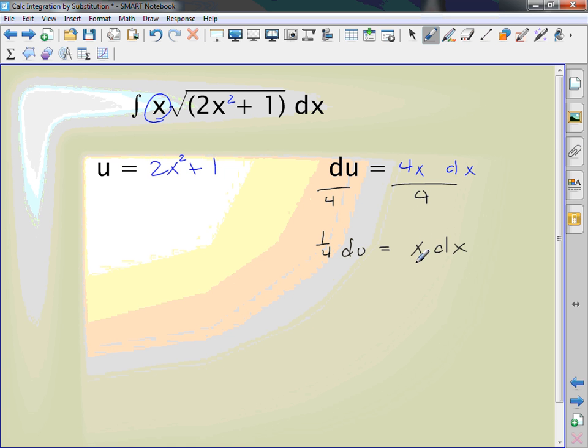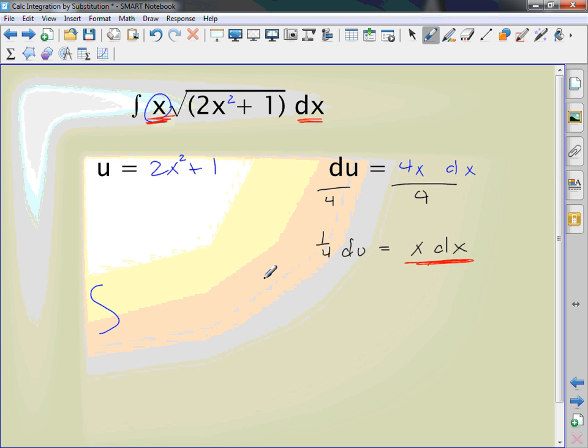This right here will get rid of these two, and that's what you have to do. If you can't get rid of all the variables, you can't use substitution, or you did something wrong. So I have the integral. How can I rewrite it? Now it's just taking the u and the du and replacing.